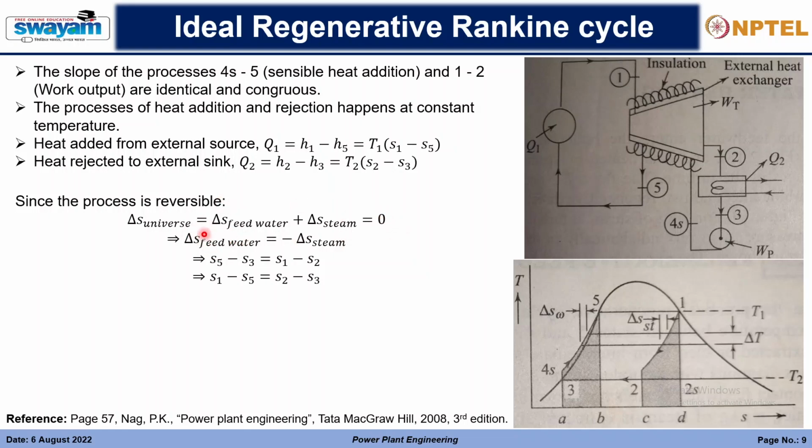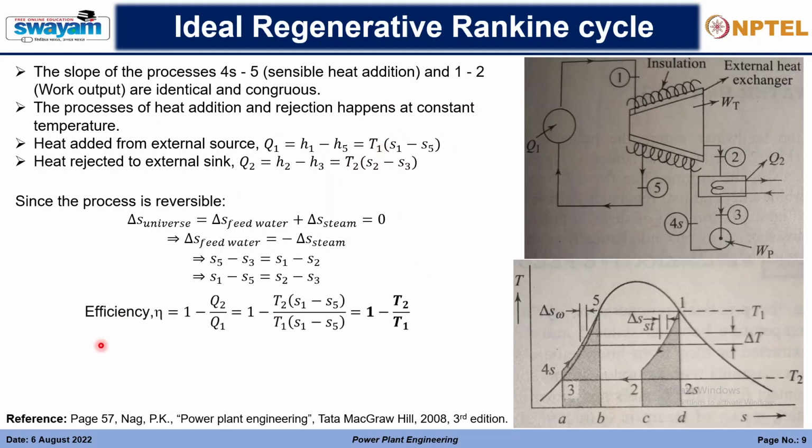By that we get S feed water equal to minus S steam, and accordingly this formula: S5 minus S3 equals S1 minus S2. Rearranging, we get S1 minus S5 and S2 minus S3. These two values are the same. But the temperature, yes, it is multiplied by T1 and T2 separately, so those are different.